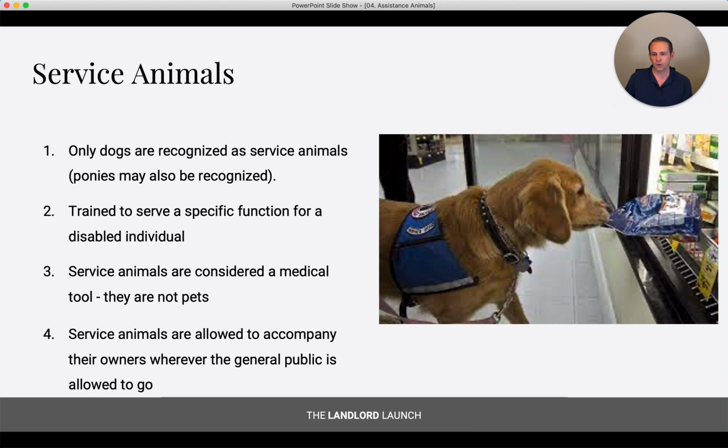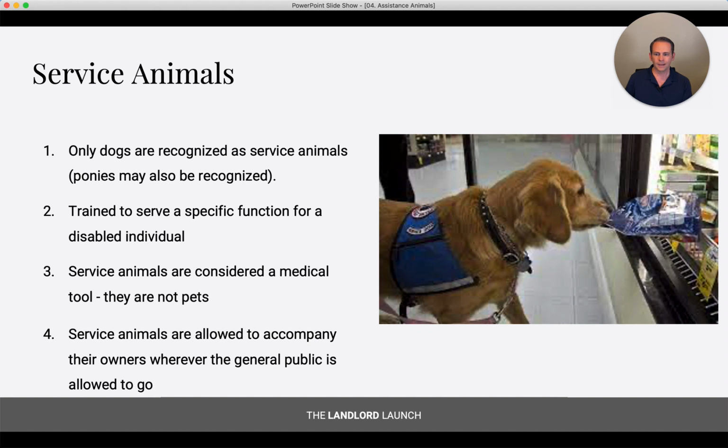They are trained to serve a specific function for a disabled individual, such as a seeing eye dog, or a dog that is able to grab items, like in the picture here, for their owner. Some dogs help with PTSD symptoms, or seizures. You see seizure dogs as well. Something along those lines.